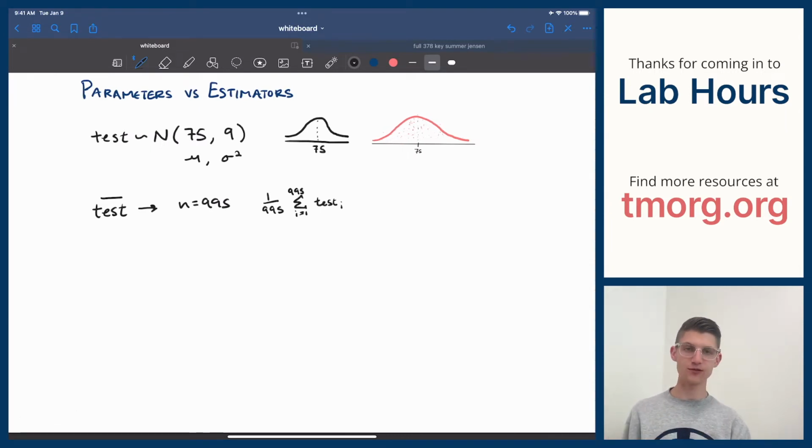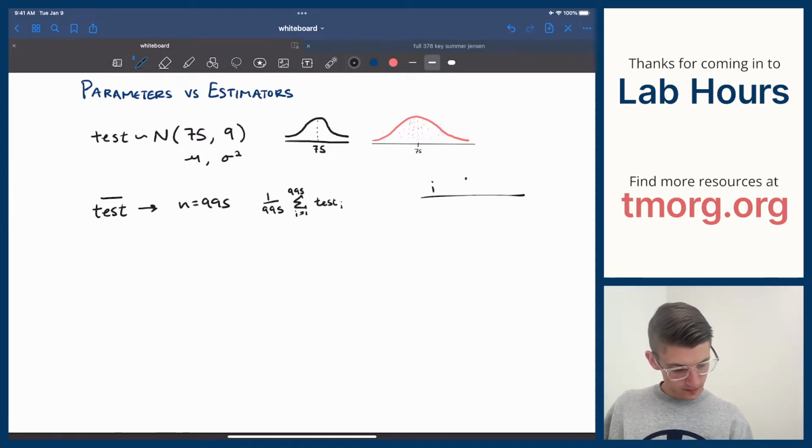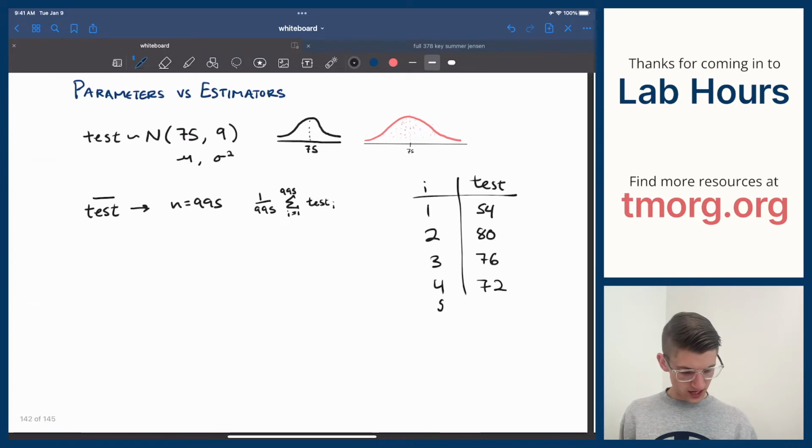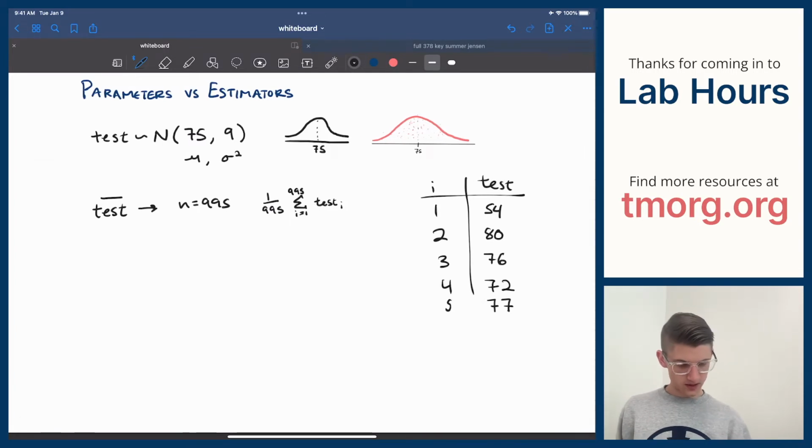So, for example, the first student that I asked got a 54, the second student I asked got an 80, the third student had a 76, the fourth student had a 72, and the fifth student had a 77, right? So I would add up all of the test_i's, divide them by the number that I had, and I would call that test bar, okay?